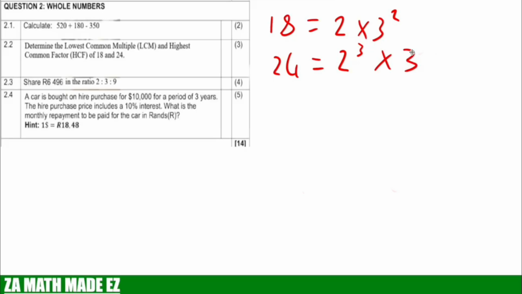For the HCF, pick the smallest power of each common prime. I'm going to repeat that again. Pick the smallest power of each common prime for the HCF. So for 18, I'm going to take the smallest power, which is 2 to the power 1, and for 24, we take 3 to the power 1.